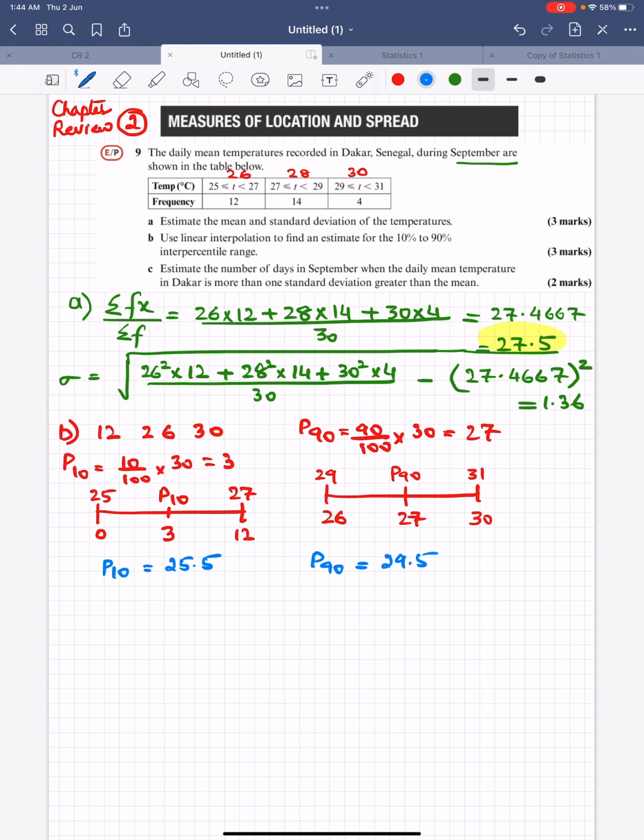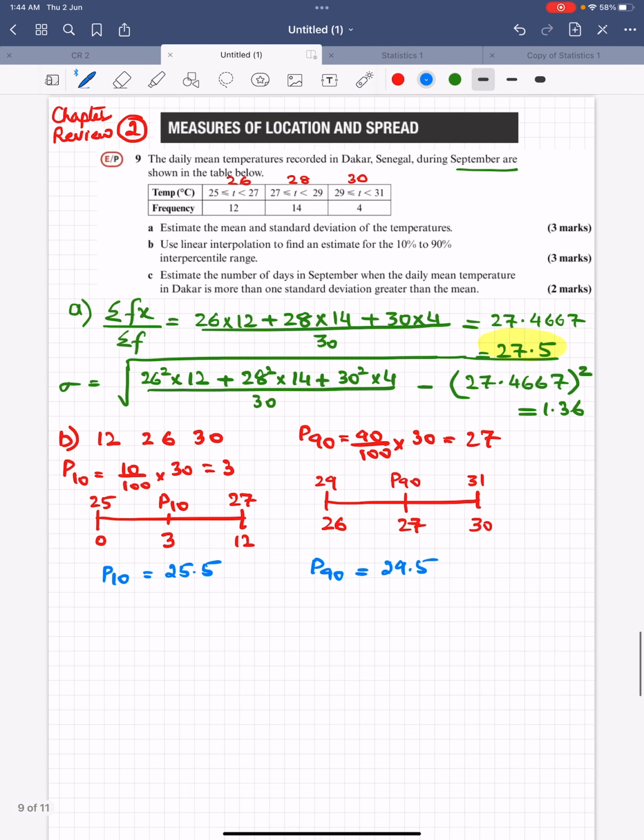We have the interpercentile range as P90 minus P10, that is equal to 29.5 minus 25.5, which is equal to 4. And that answers part B.